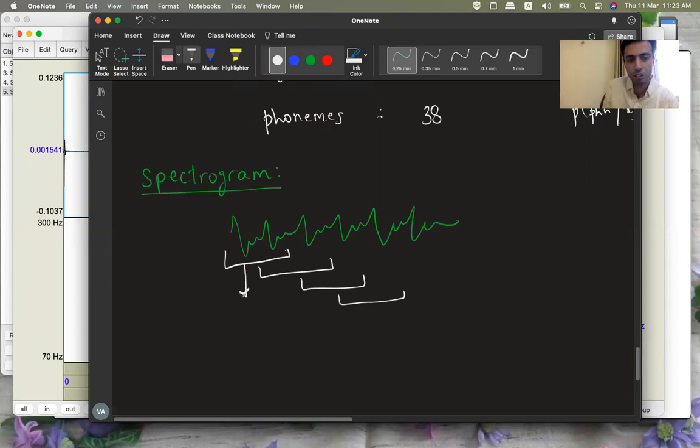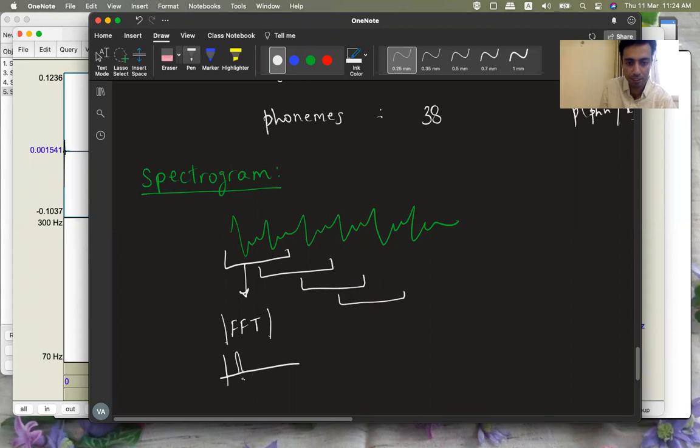For each window, you compute the FFT, fast Fourier transform, and take the magnitude of it. You will get some peaks in your FFT because it's a periodic signal.